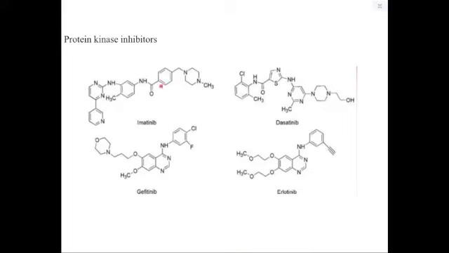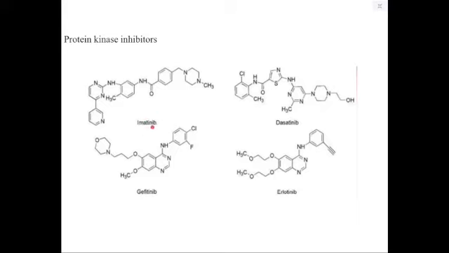Then you have the protein kinase inhibitors. Under the protein kinase inhibitors, you have different compounds: imatinib, dasatinib, gefitinib, and erlotinib. In pharmacology, we used to teach nomenclature, where we look at names of drugs.